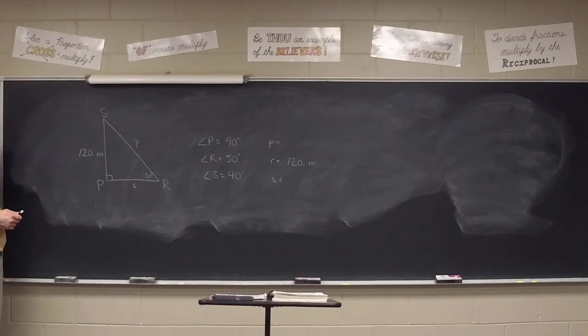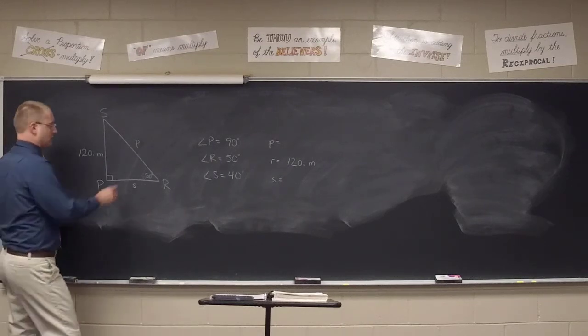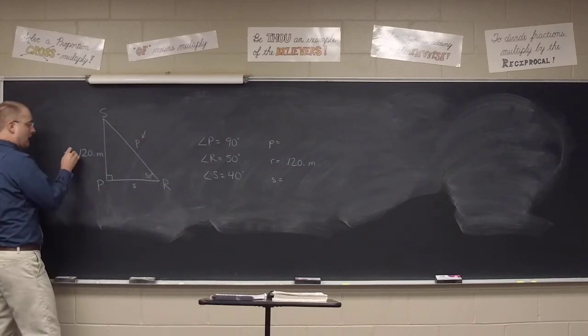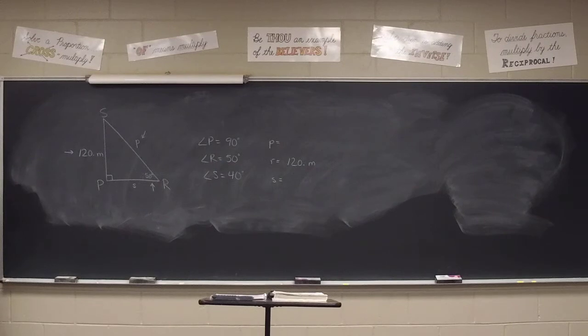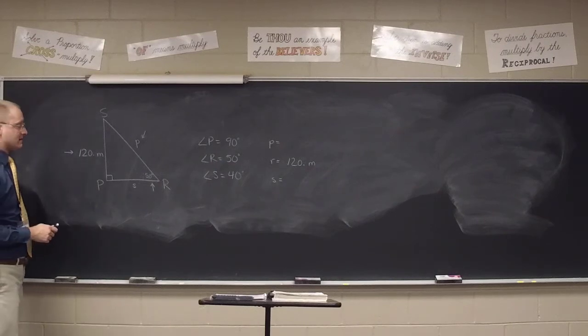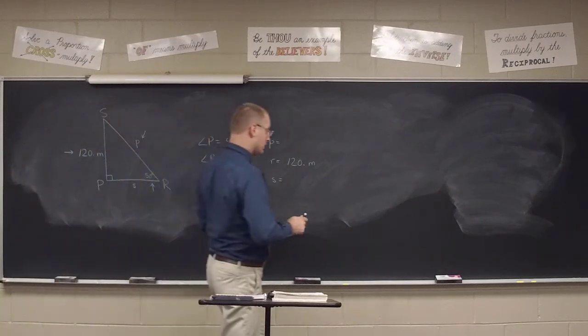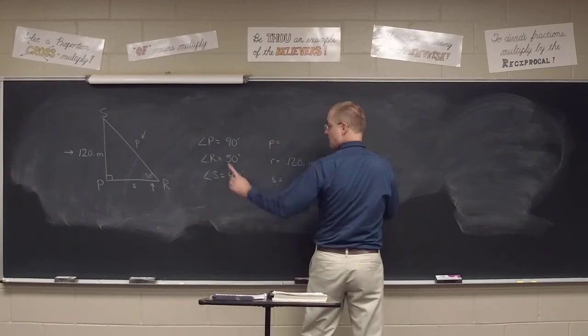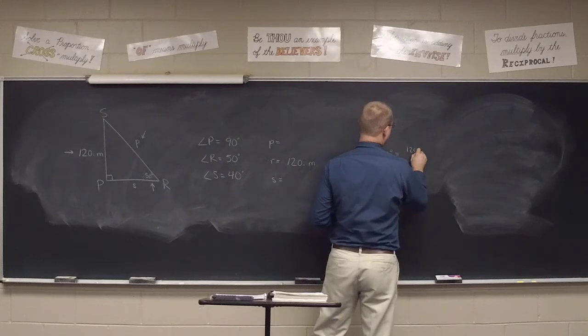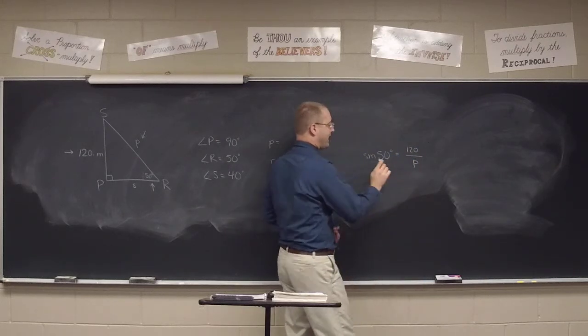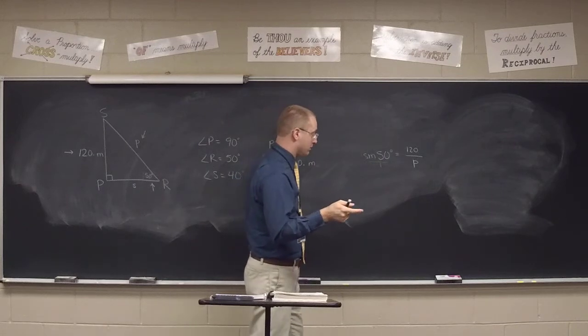When it comes time to solve for side P, for instance, I know this. Which trig function, Quentin? Sine. And we know that the sine of, in this case, a 50-degree angle is equal to the opposite 120 over the hypotenuse P. Putting this over 1, how do I get P by itself?